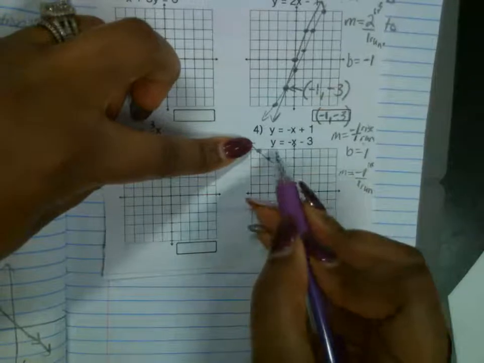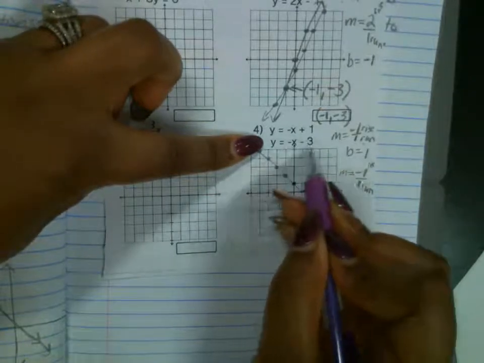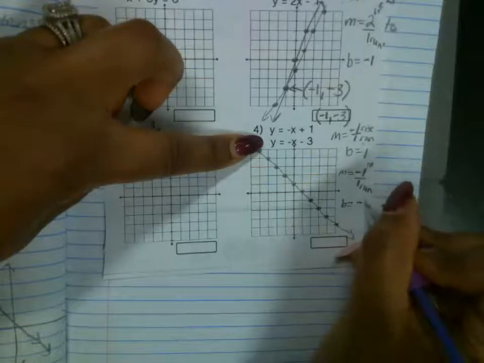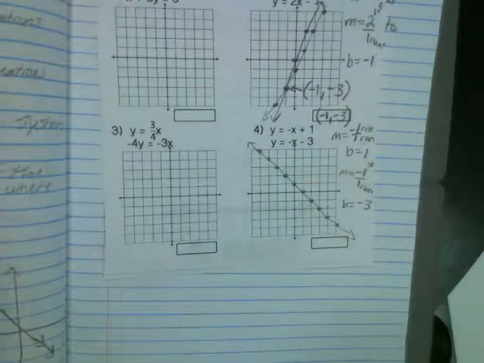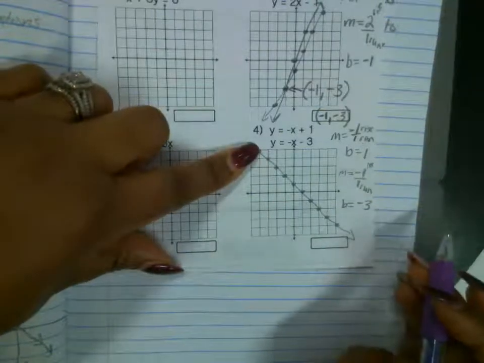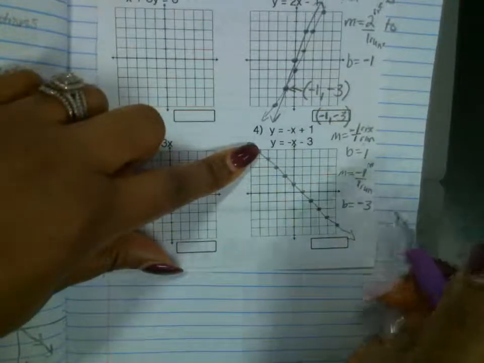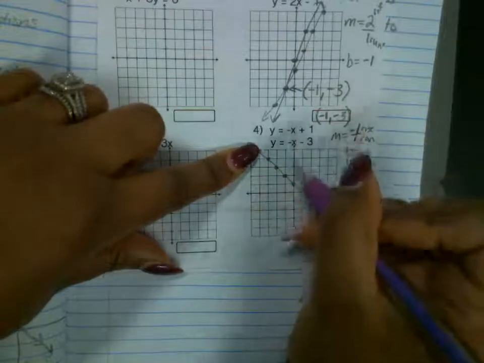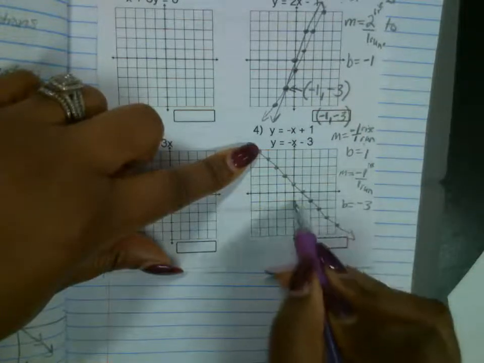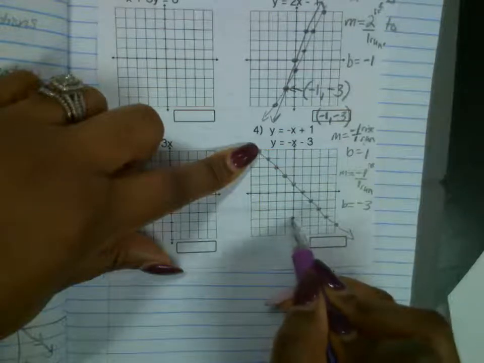What's my b in this second equation right here? -3. Don't forget about the negative, okay? So now we're going to find -3 on the y-axis. This is the y-axis right here. -3 is down 1, 2, 3 right here.